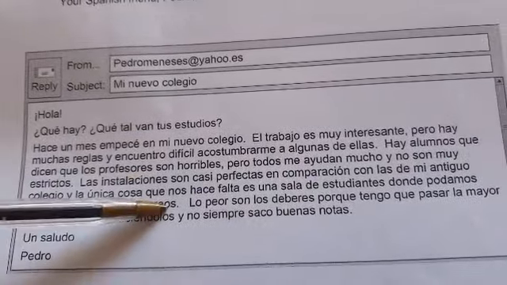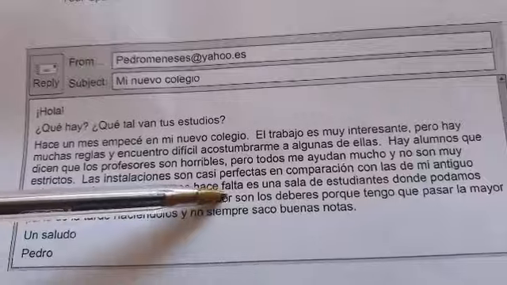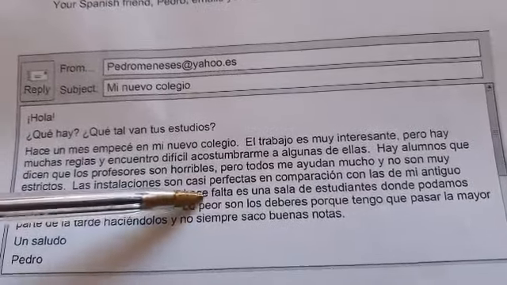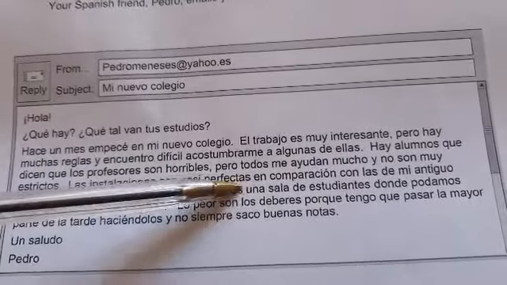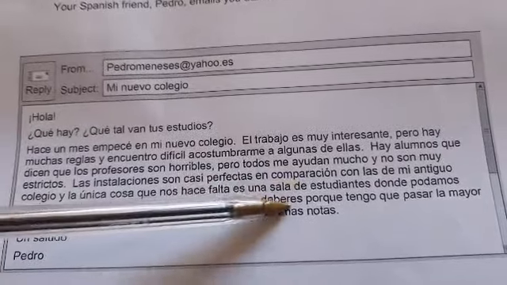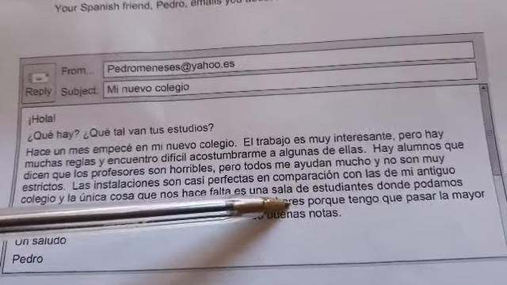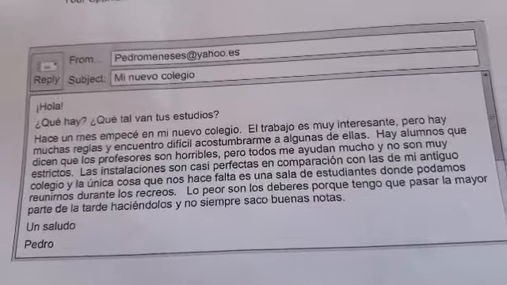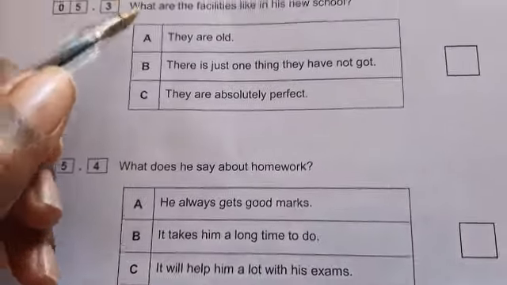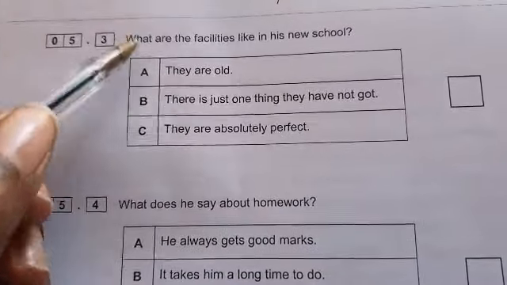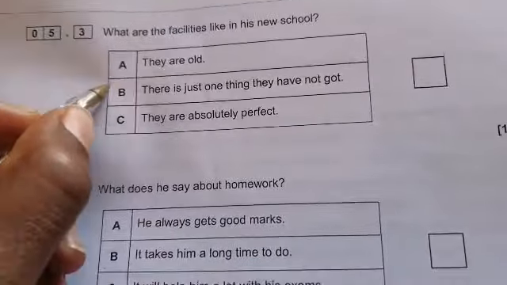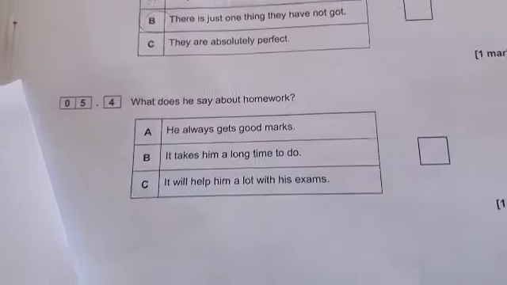The only thing that it needs, or that is lacking, hace falta, is missing, is a student room, student hall, donde podemos reunirnos. Yeah, so it's just missing one thing. It's not absolutely perfect. Doesn't say anything about being old, so it's going to be B. Okay, there's just one thing they haven't got.